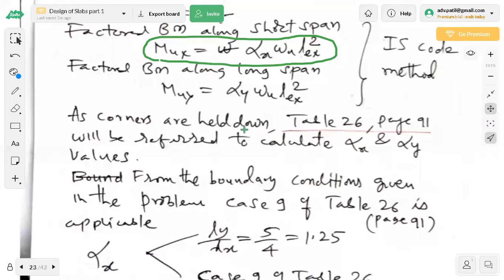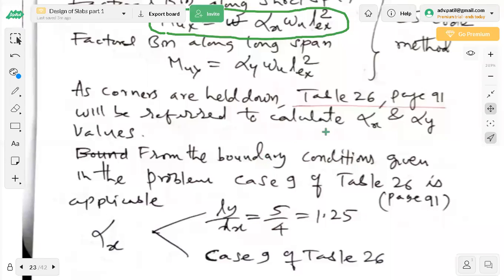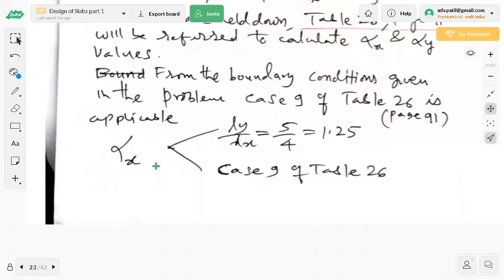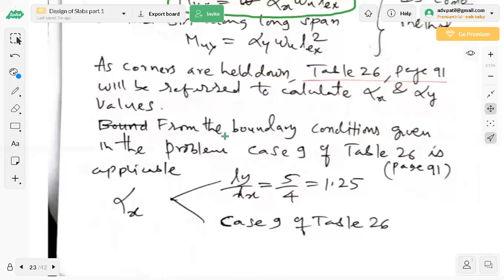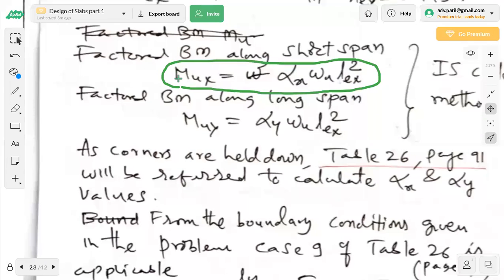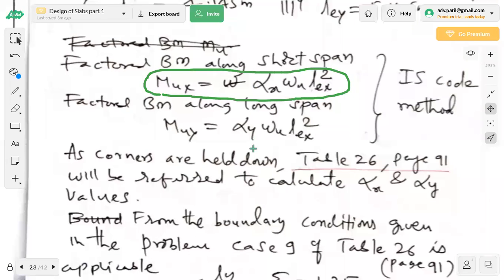As corners are held down, since it is a restrained slab, table 26 has to be used on page number 91. So alpha x and alpha y are calculated. I already explained this one. How do you find alpha x? For example, I'm trying to find out MUX using alpha x WU into LEX square. Here alpha x has to be calculated.